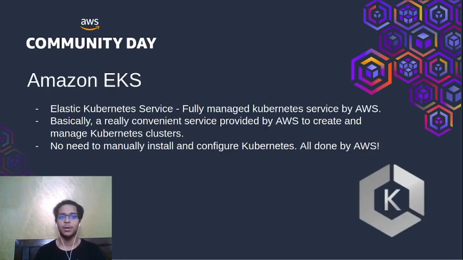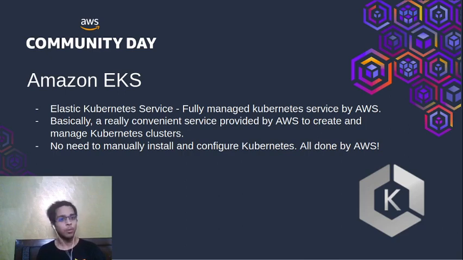Moving on, Amazon EKS. Now as I said, Kubernetes is an amazing tool to automate the management of containerized workloads. But still, setting up a Kubernetes cluster is in itself a pretty big task. To make that big task pretty easy, there are services which cloud providers provide to set up a Kubernetes cluster in a totally managed way in a matter of a few clicks.